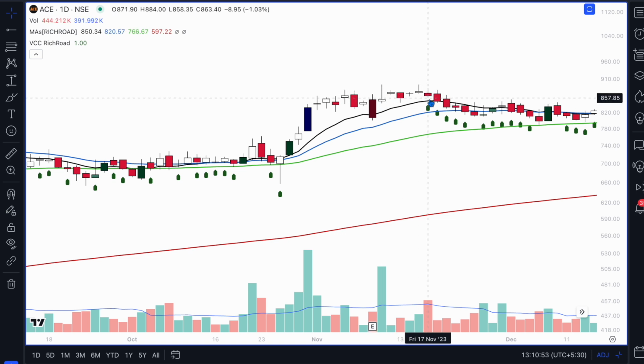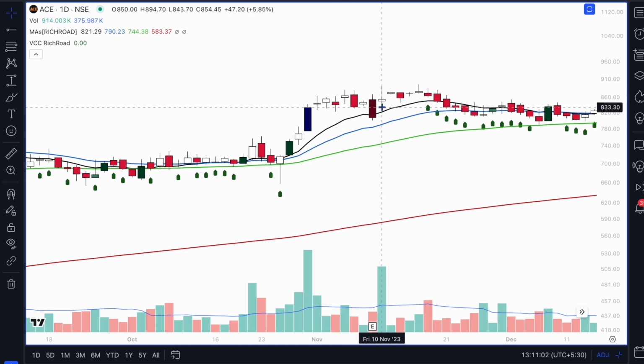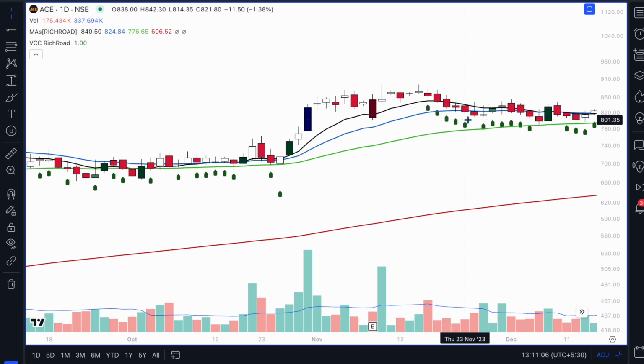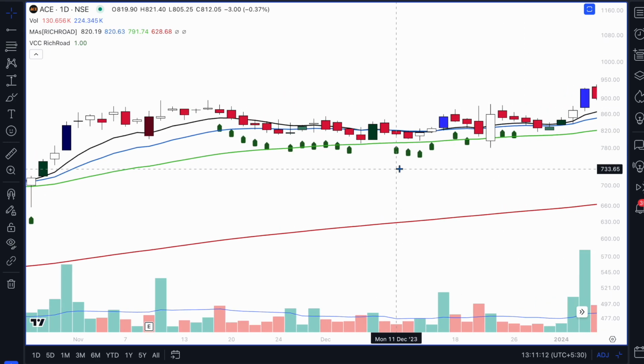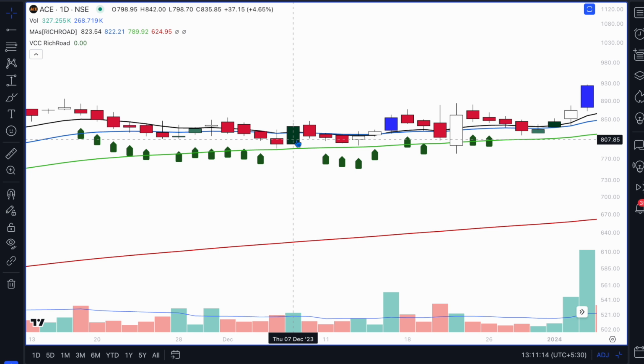And on the left-hand side of this candle, was there any good candle? There was no light green, dark green or blue candle. None. In fact, a big red candle was there. So definitely this is not a good buy, and that continues for all these candles. So all these candles are ignored. After that, what happened? Now see, a candle came here.